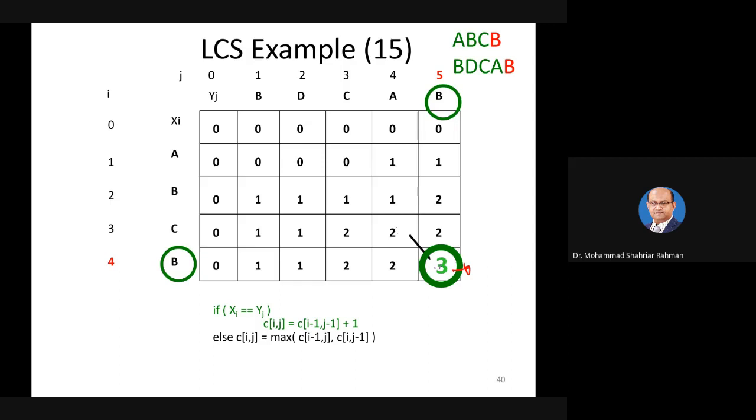We have found the length of LCS. We are yet to find the elements of that LCS.